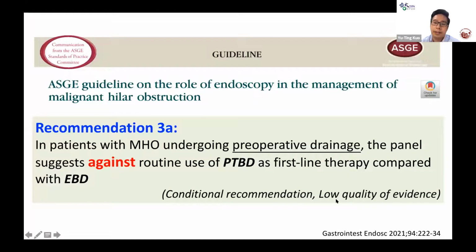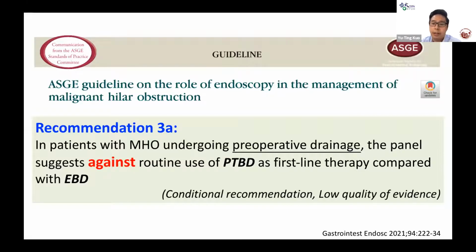How about the recently published guideline this month, the most recent guideline on pre-operative drainage? If the patient needs to be discussed in a multidisciplinary team, according to their suggestion, they are against using percutaneous drainage compared to endoscopic drainage.